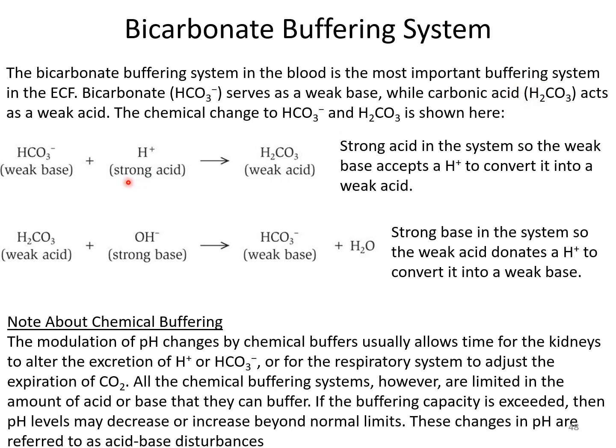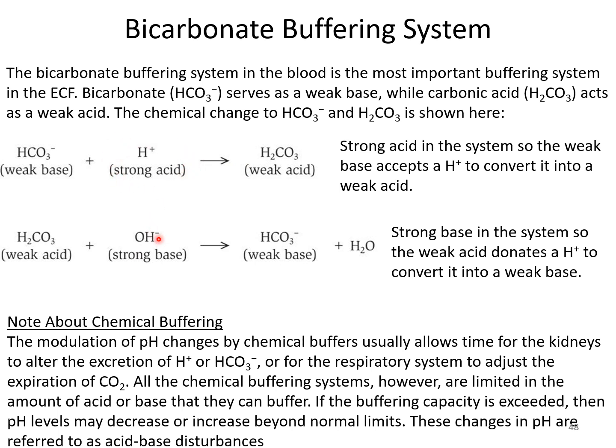So if somebody adds a bunch of acid to the environment, here's the weak base, here's bicarbonate, it can tack on this hydrogen to itself to become H2CO3, neutralizing that environment.